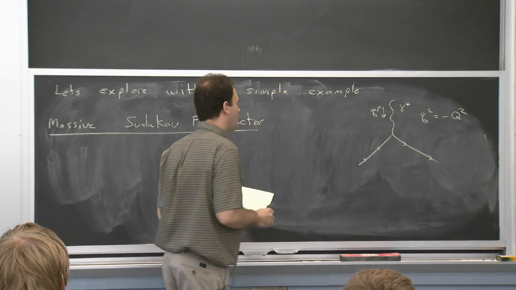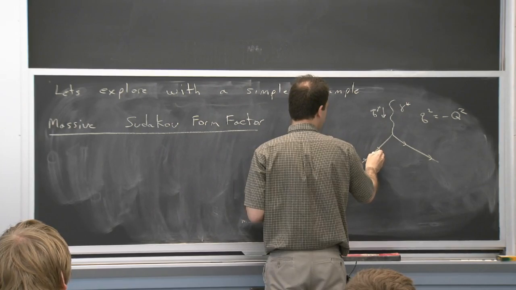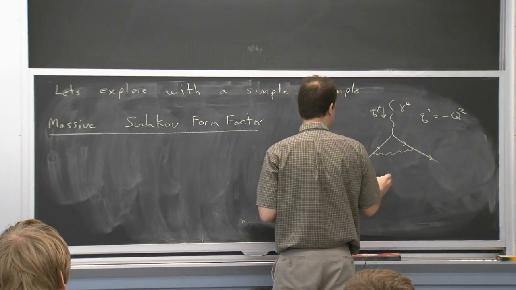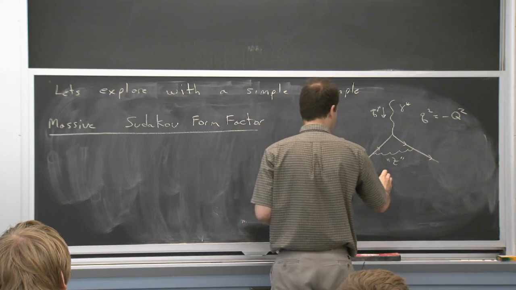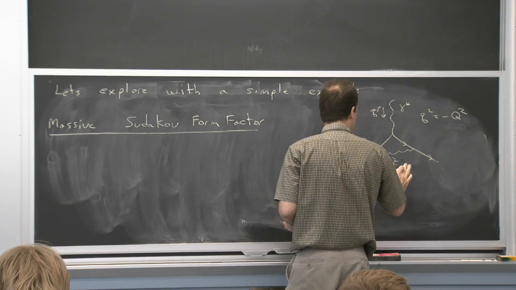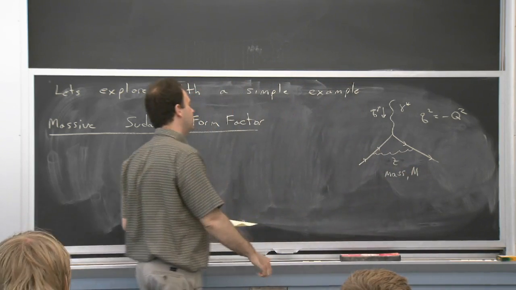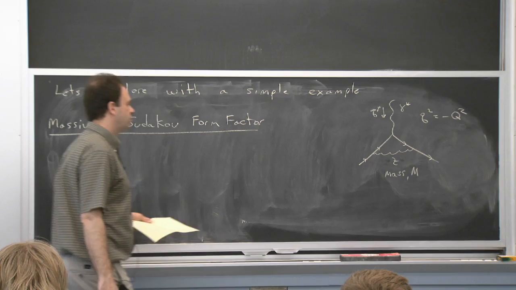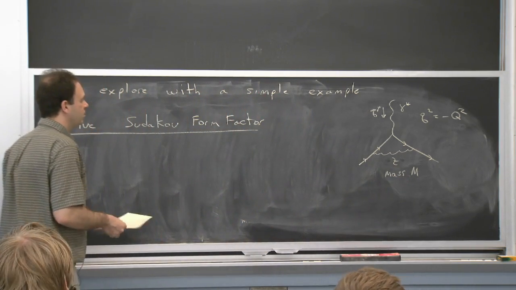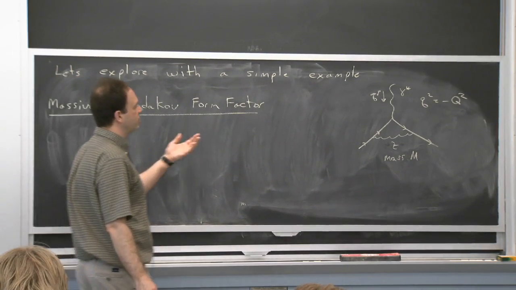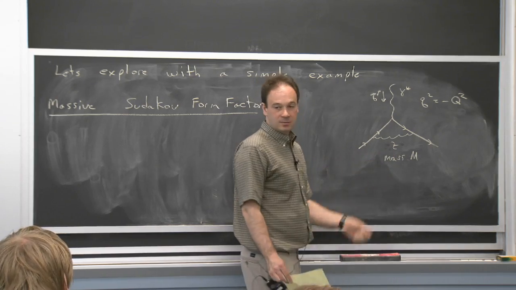Rather than having photons or gluons, we're going to think about massive gauge bosons. So this is going to be some kind of Z, if you like. It could be a Z boson. I'll just call the mass M. The thing I'm going to want to expand in is the mass. Rather than doing QCD, I'm doing electroweak corrections from a massive gauge boson.